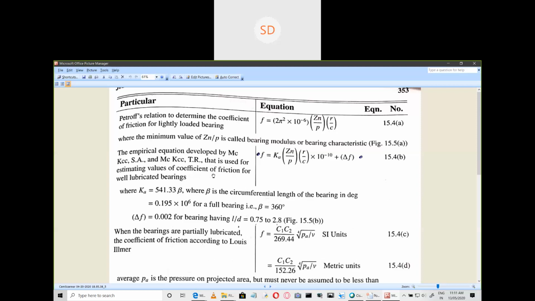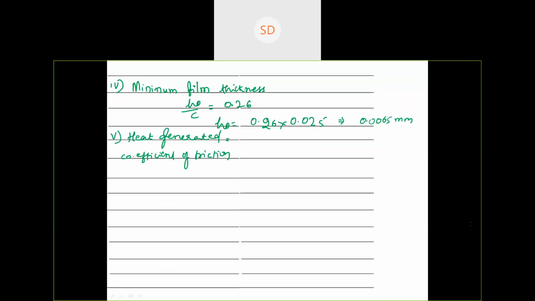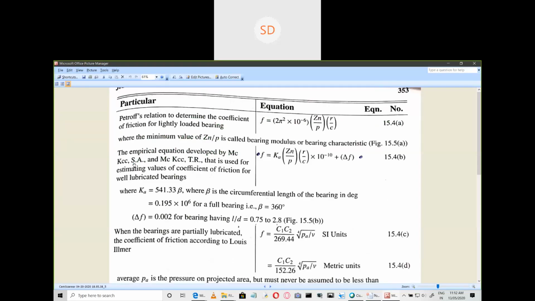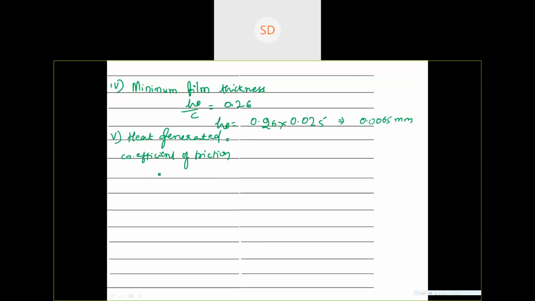Okay, note down the formula. It is f equal to K into (Z n by P) into (r by c) into 10 to the power of minus 10, plus delta f. Equation number 15.4b.